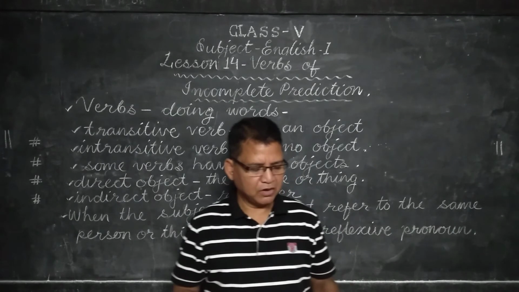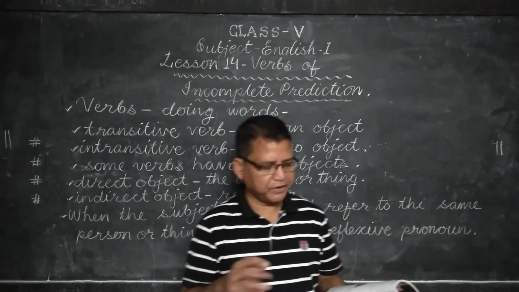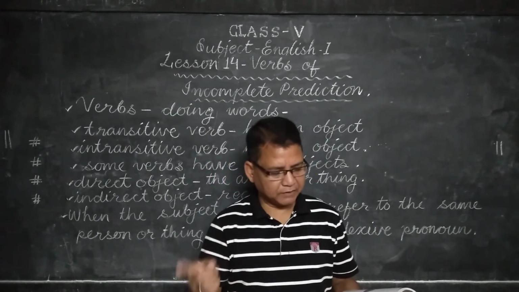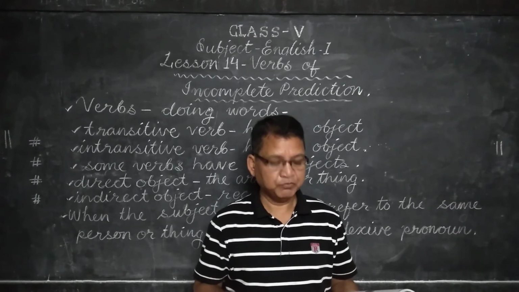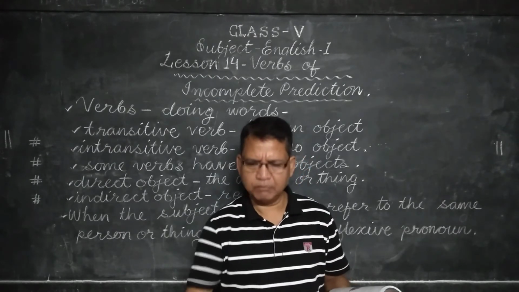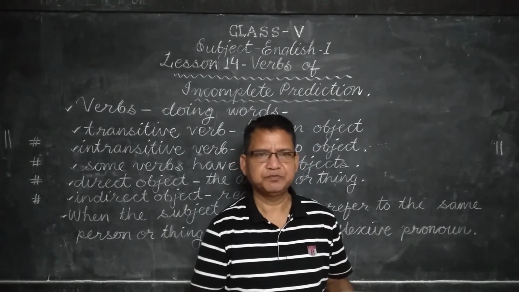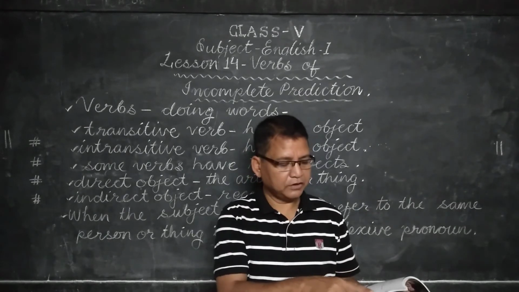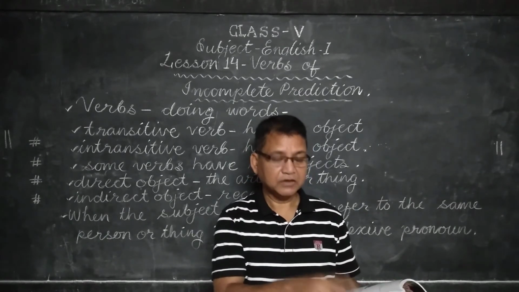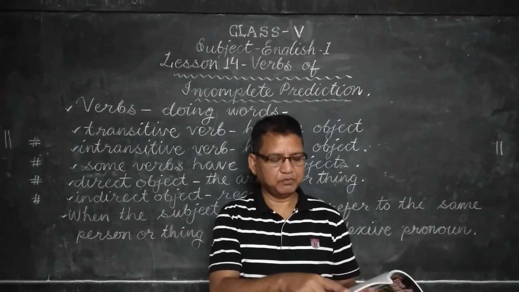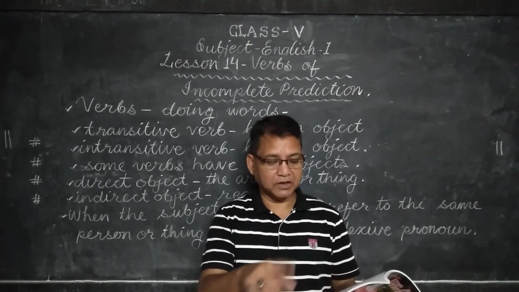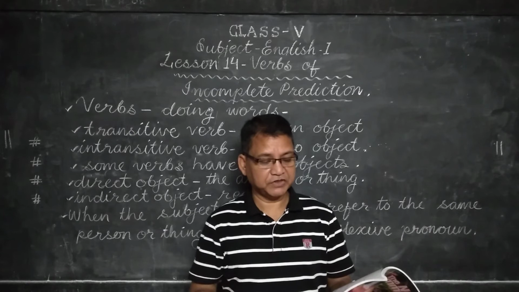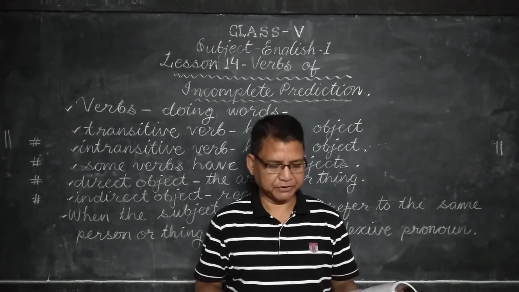Next, you see the word or group of words which help a verb to complete what it says is called a complement. To complement means to support, to say something good. The word or group of words which helps a verb to complete what it says is called a complement.